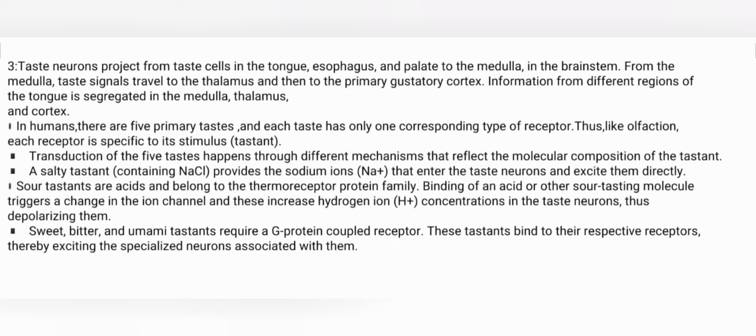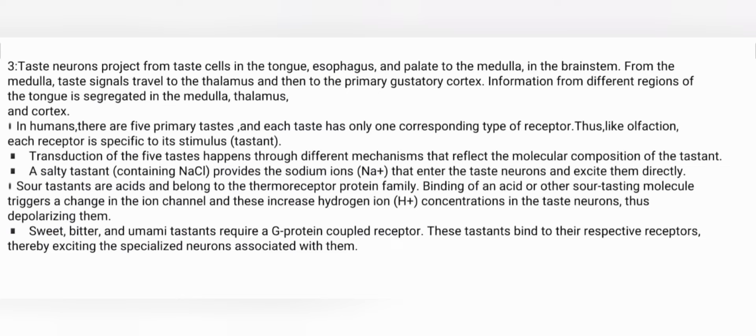Now, coming to the third question, which is on gustation. The taste neurons project from taste cells in the tongue, esophagus, and palate to the medulla in the brainstem. From the medulla, taste signals travel to the thalamus and then to the primary gustatory cortex.